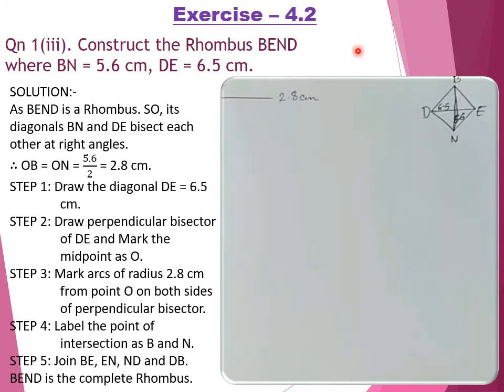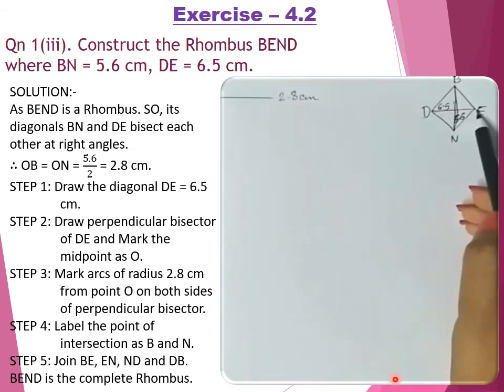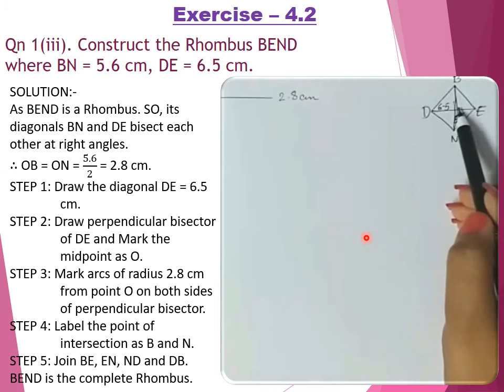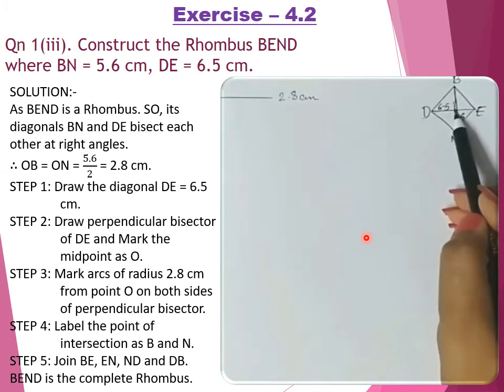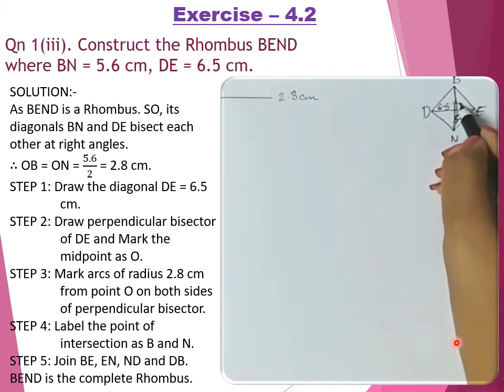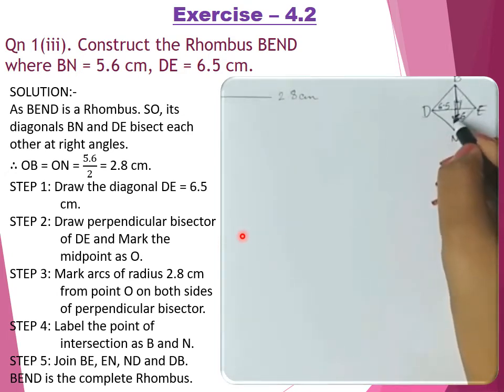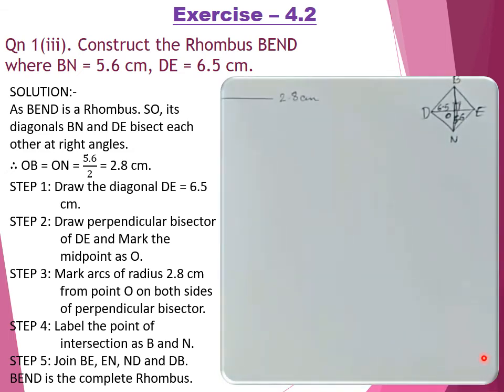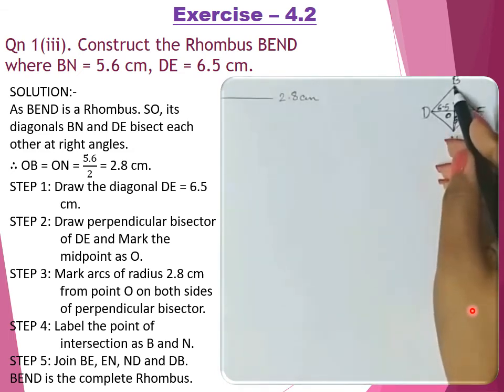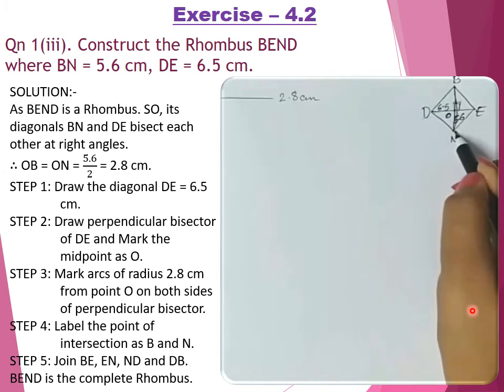According to the property of rhombus, the diagonals of a rhombus are bisecting each other. The diagonals DE and BN bisect each other at right angles. That means this angle will be 90 degree, and also the point of intersection of the diagonals, if we name it as O, then OB will be equal to ON.